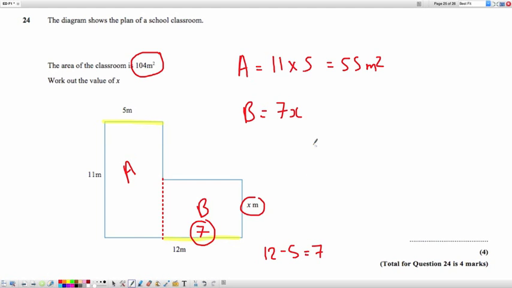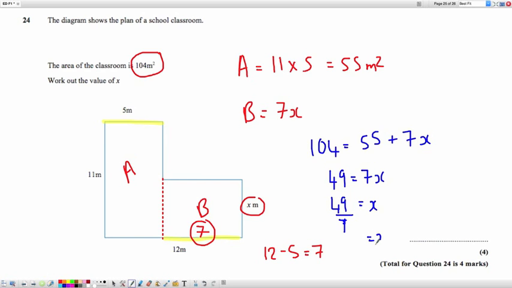So our total area, which is equal to 104, is equal to 55 plus 7x. 104 subtract 55 is 49. So 7x equals 49. 49 divided by 7, x equals 7. So the missing dimension here is 7.